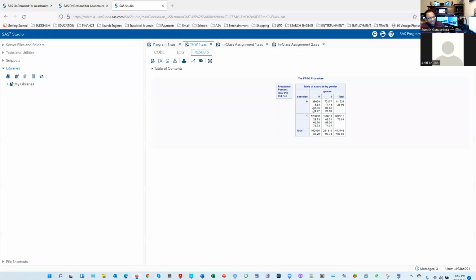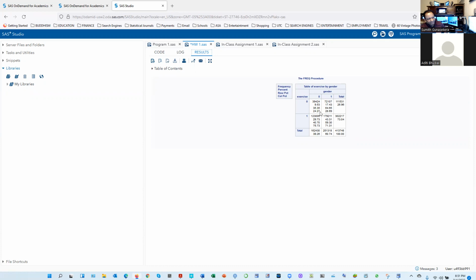The row percentage means this number has been divided by its own row total. The other one is the column total, where the number is divided by the column total.